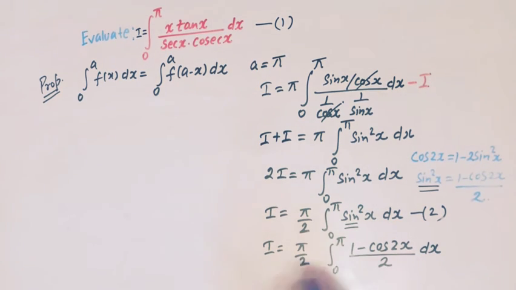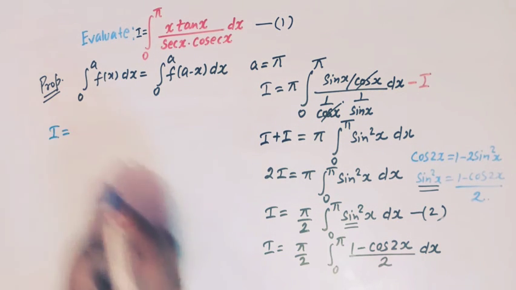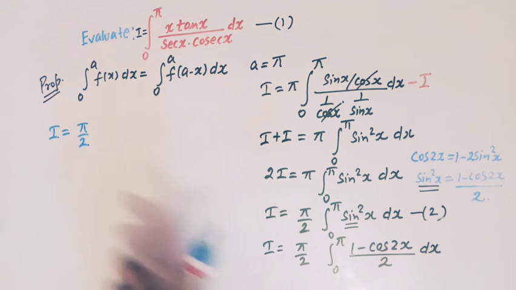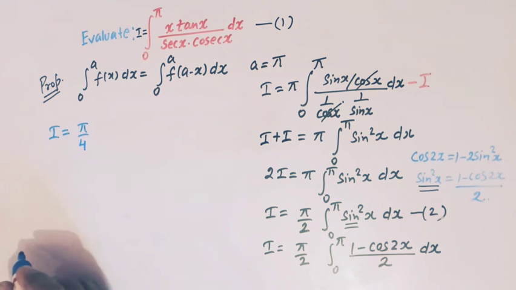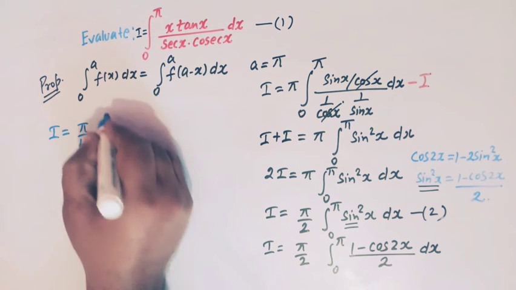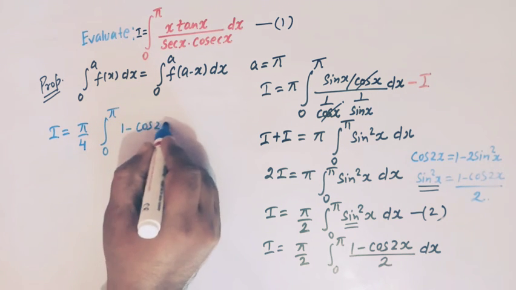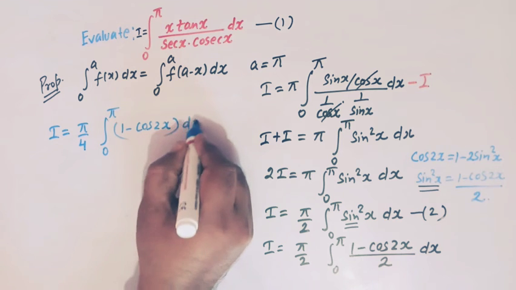Now we can take this 2 outside the integral, so we have pi over 4 times the integral from 0 to pi of 1 minus cos 2x dx, right?